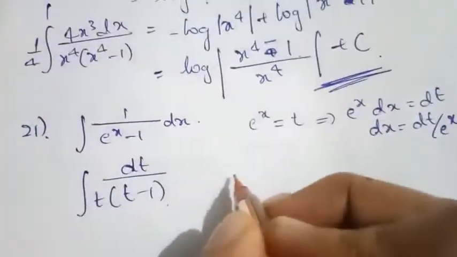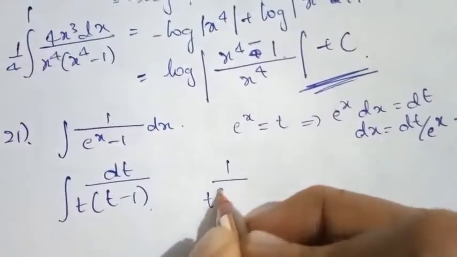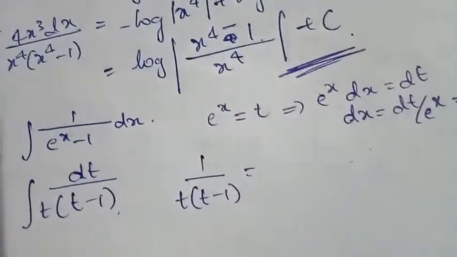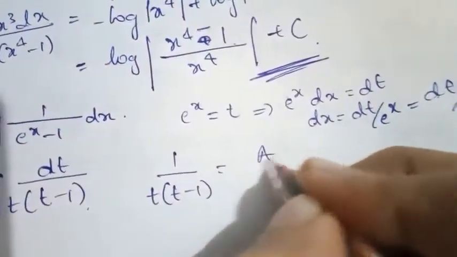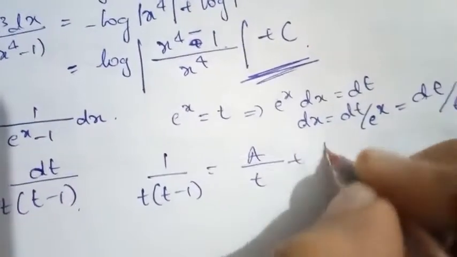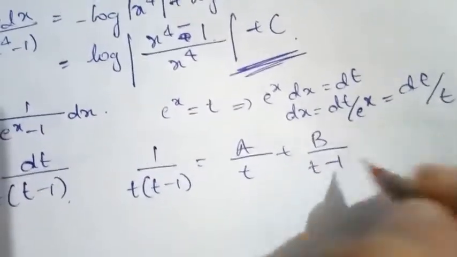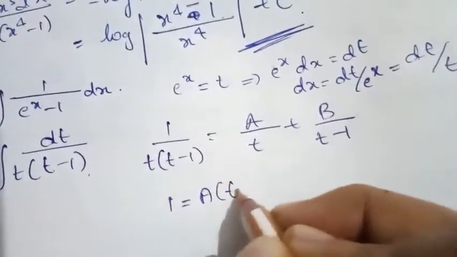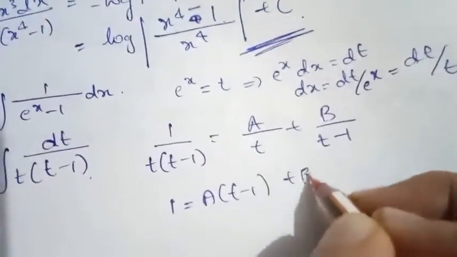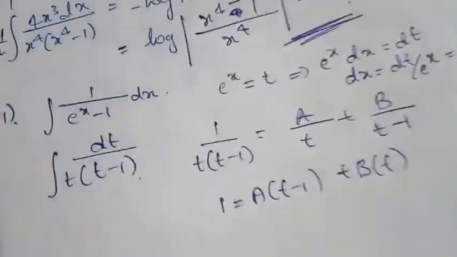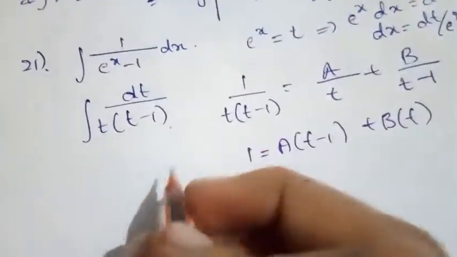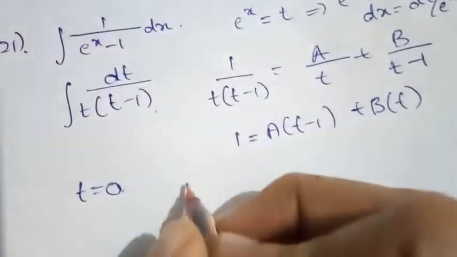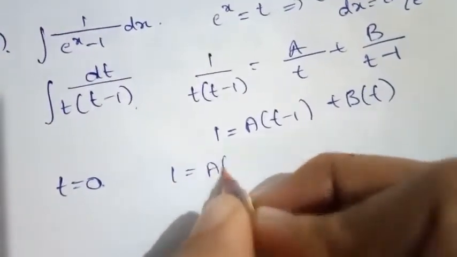Now consider this integrand part only, 1 divided by t into t minus 1. Since in the denominator we have non-repeating linear factors, it becomes a divided by t plus b divided by t minus 1. So upon taking the LCM we get a into t minus 1 plus b into t. By putting some values for t, we are going to get the values of a and b. When I put t is equal to 0, 1 is equal to a of minus 1.